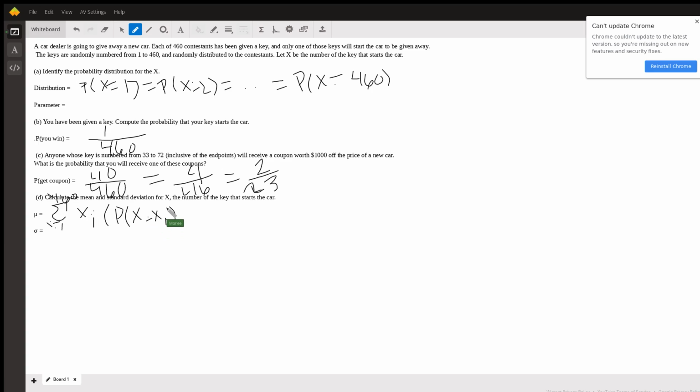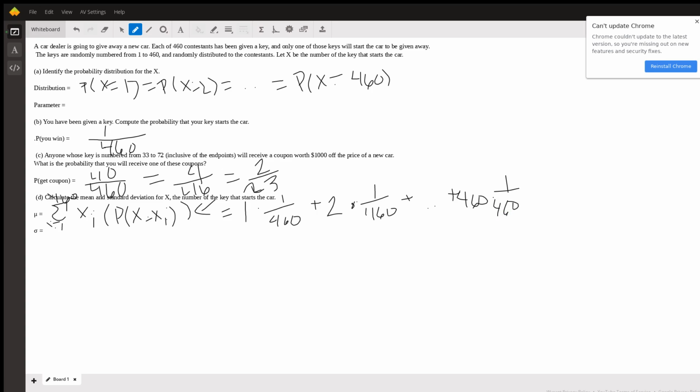that value. Keep in mind the probability for each of these keys is the same, and our xi just changes by 1 every time. So we're going to do 1 times the probability that it's key 1, which is 1 over 460, plus 2 times the probability that it's key number 2, which is again 1 over 460, and we're going to keep doing this all the way until we get to 460 times, again, the probability that it's 460.